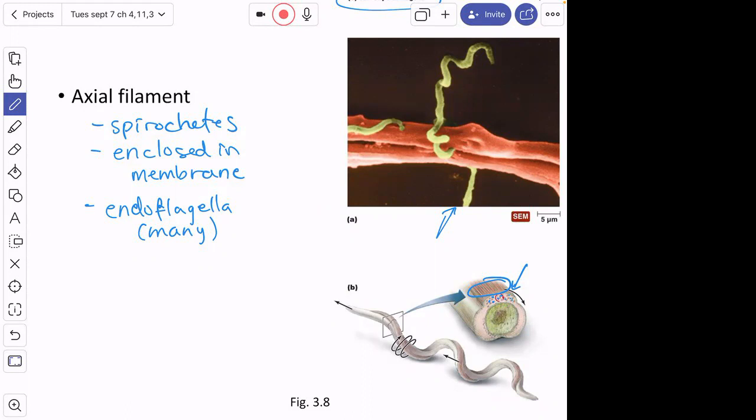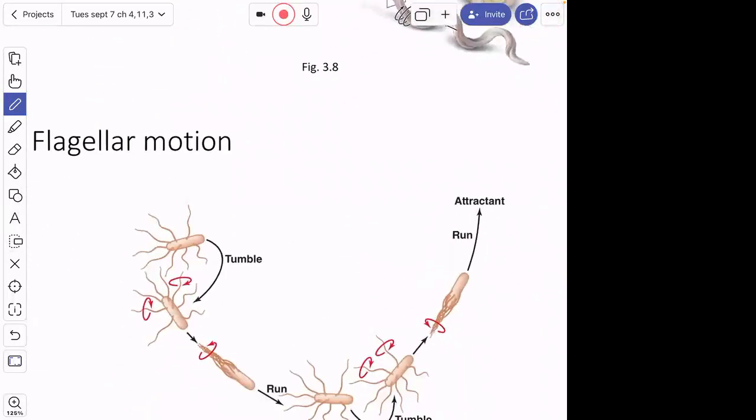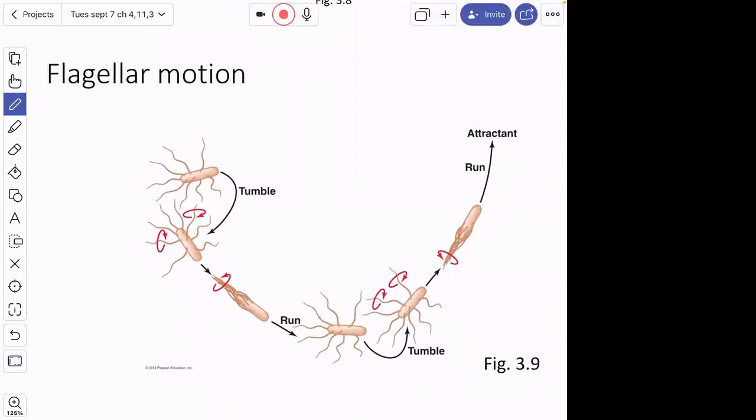All right, so a little bit more about the motion of an organism that has flagella. You can kind of get lost on YouTube looking at pictures of motile bacteria, or at least I have been. Like I said, bacterial flagella are always going to rotate, and it depends on the direction of rotation as to how the organism moves.